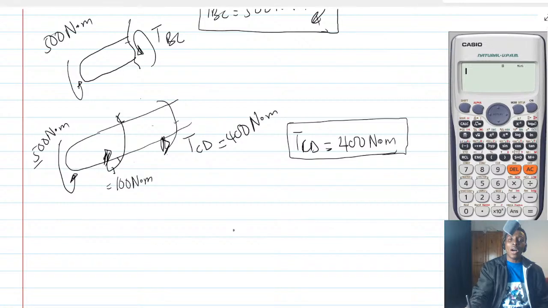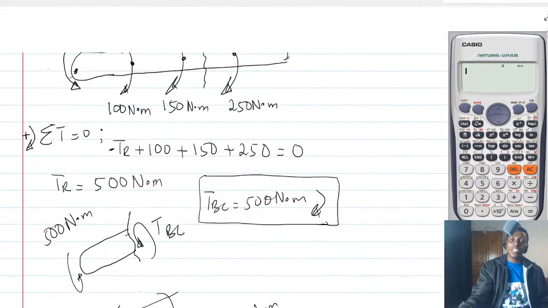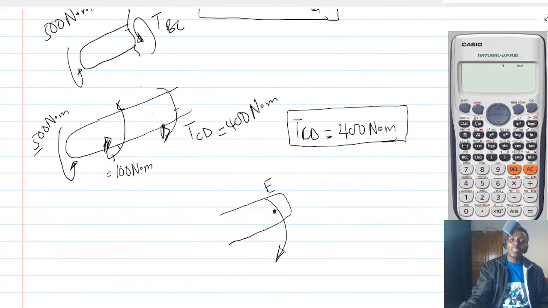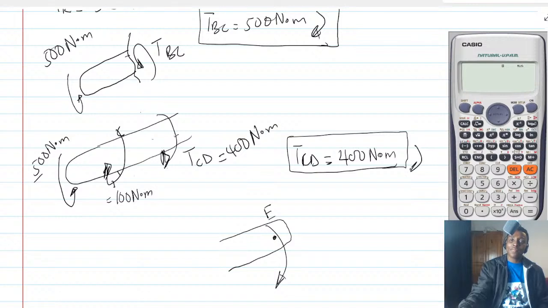But then we don't need to draw everything, because now let's say this is E, and then I know that the force in DE is what? 250, right? So since it is 250 Newton meter, then all what I need to do is what?